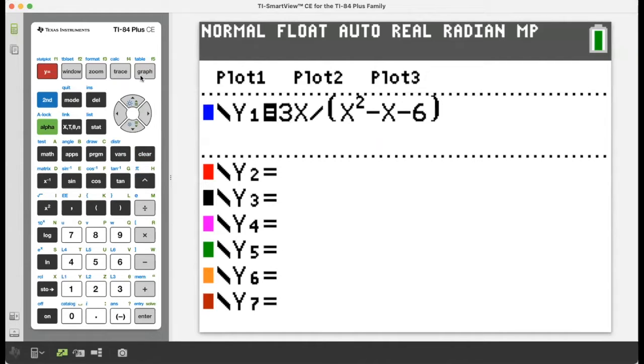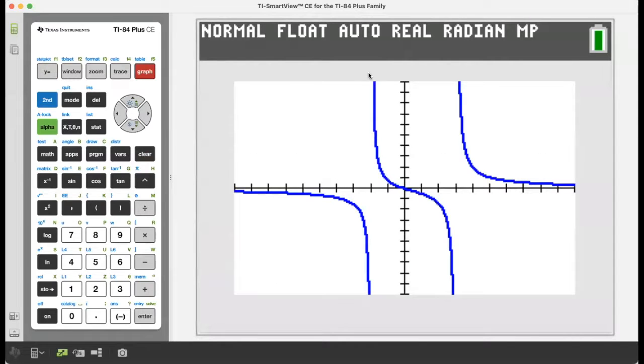I'm unable to graph the function at x equals -2, but you can see that the function does not exist at -2. You can also see at 3, the function does not exist. So visually, you can see that the way that the function looks graphically supports our interval notation.